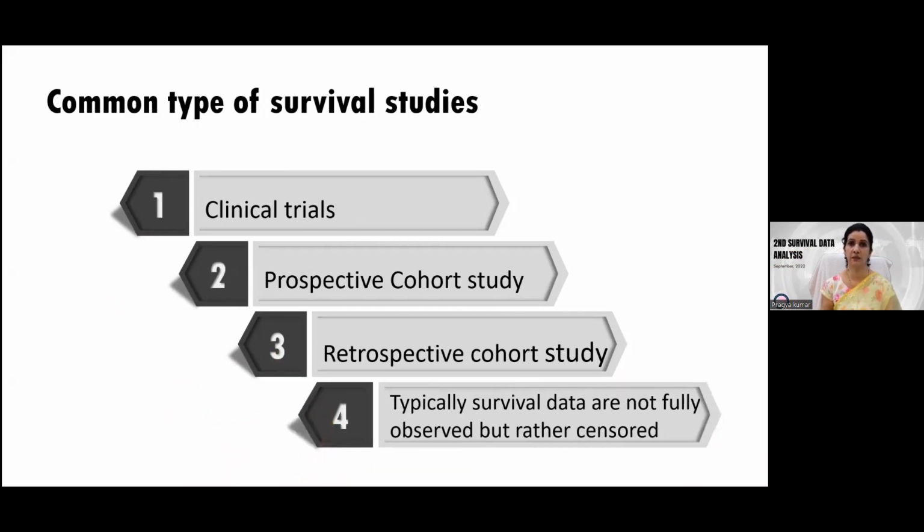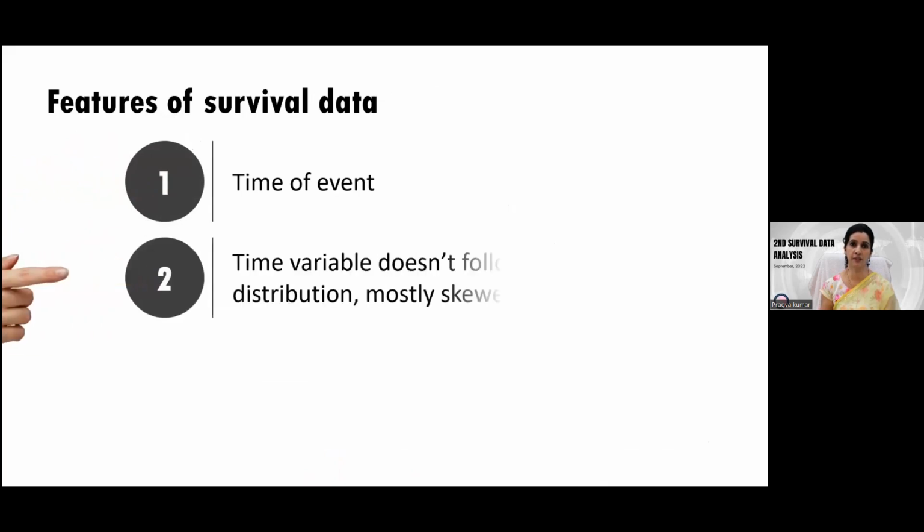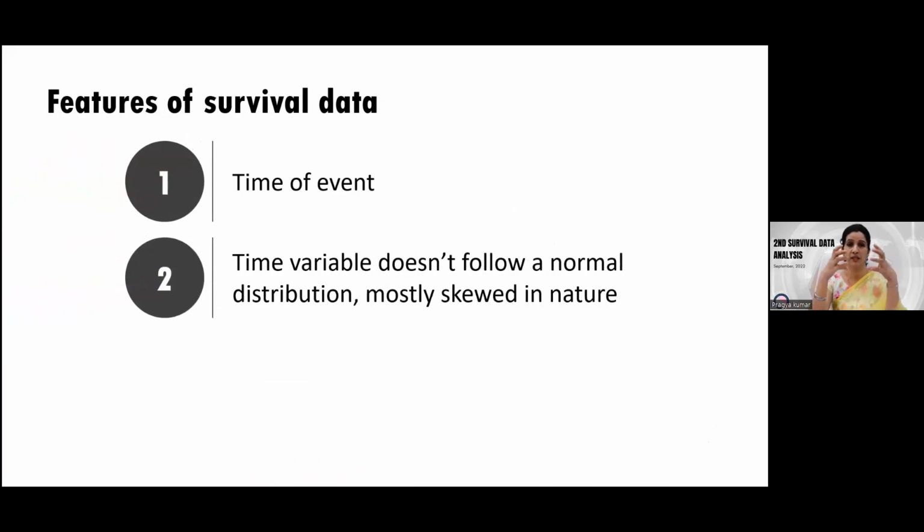But again, typical survival data are not fully observed. In the classical case, you will find that there are many data which are censored. They are not fully observed. Now there are some features of these survival data. We have discussed that the outcome variable in this case is time, and this time variable does not follow a normal distribution because there is a wide range.